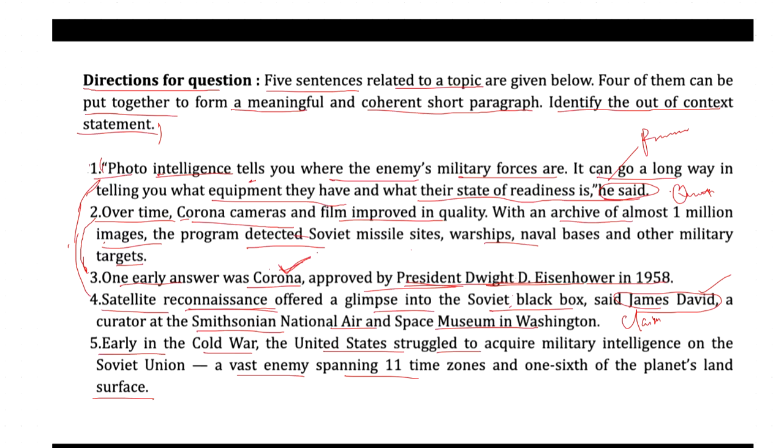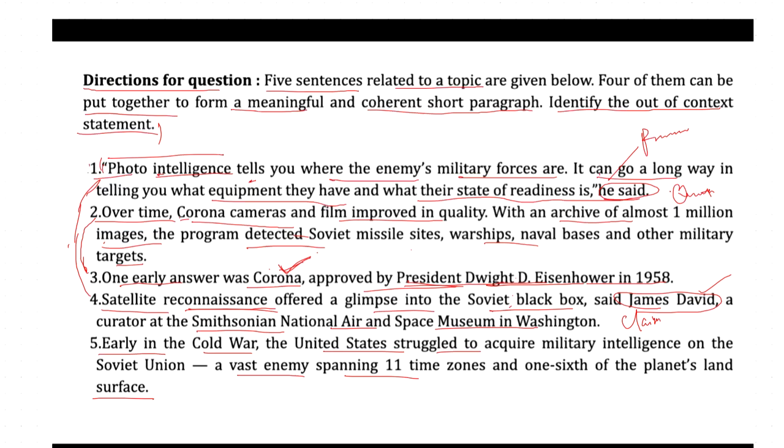Finally, statement 1 and 2 also have a link because statement 1 explains what photo intelligence can do and statement 2 demonstrates, isn't it? Demonstrates what? Whatever later versions of Corona could do, right?